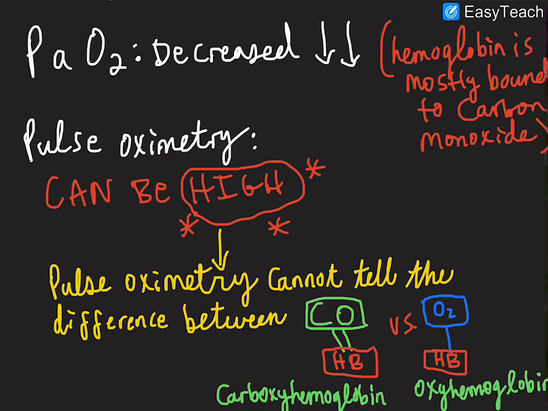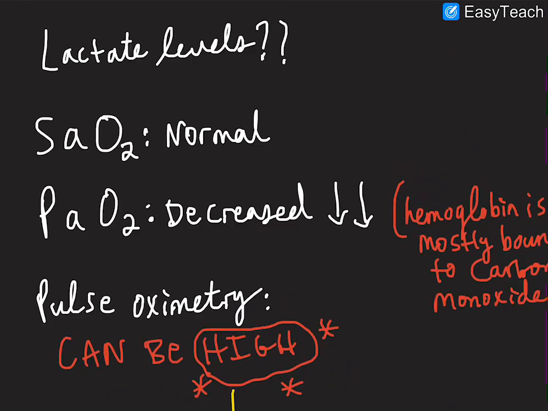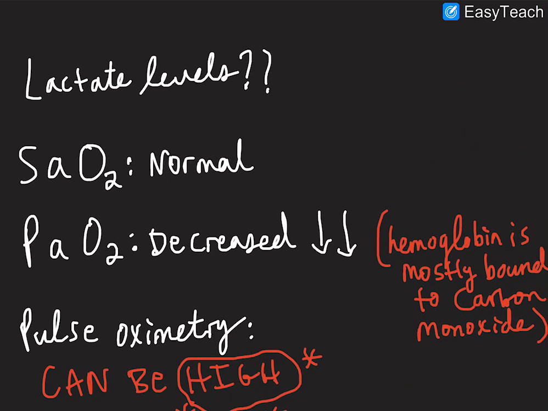Okay, so if we look more at carbon monoxide poisoning, what we said was carbon monoxide poisoning leads to low oxygen delivery to your tissues. And as we know, if you don't deliver oxygen to your tissues, instead of doing aerobic respiration, your tissues will switch to anaerobic respiration.